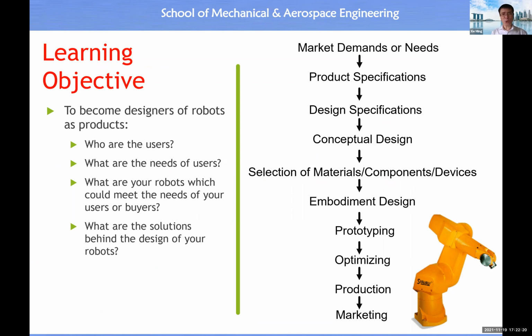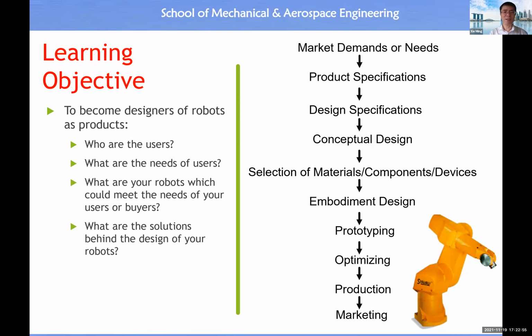By now, you should know that robots are motion providers, and in manufacturing and in society, there are many generalized users who may have this generalized need to have a motion provider. Therefore, robots are very good products for those buyers with the need of having a motion provider.